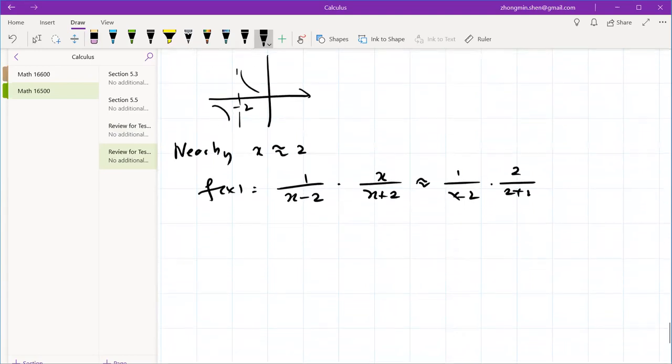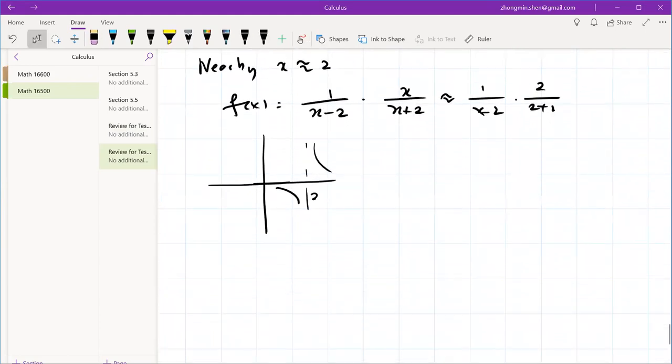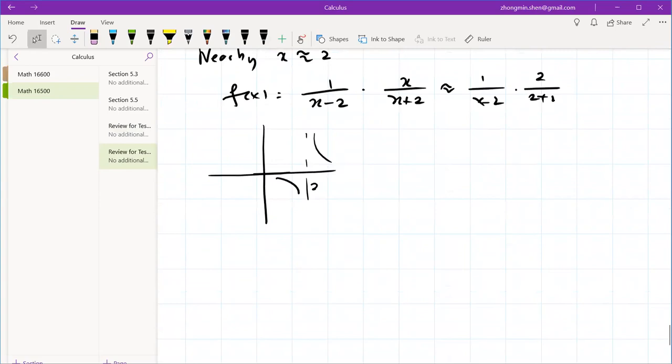So the graph still looks like this, because it's a positive constant times 1 over x minus 2. All right, let's combine them together. Okay, by the above data, I actually can sketch the graph.